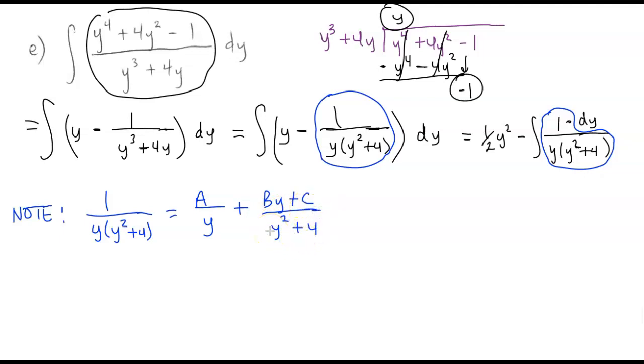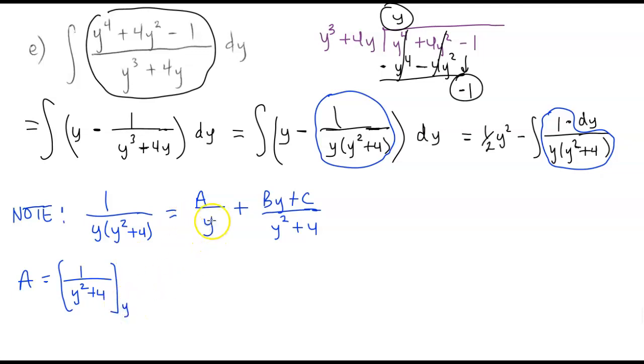And so now we just need to figure out what that result is going to be. We'll start off by figuring out what A is. We'll use the shortcut method for that. So A is going to be, and we'll keep everything except for y in the denominator here, 1 divided by y squared plus 4, evaluated at the value that makes y go to 0.